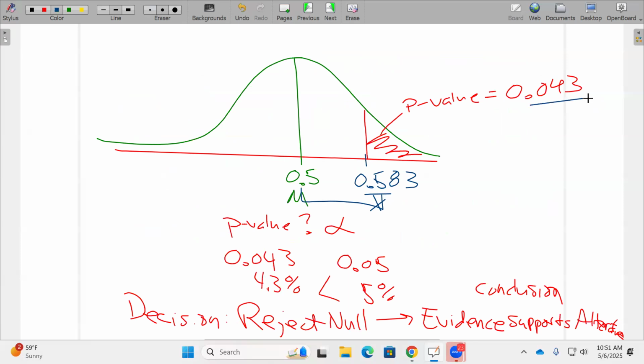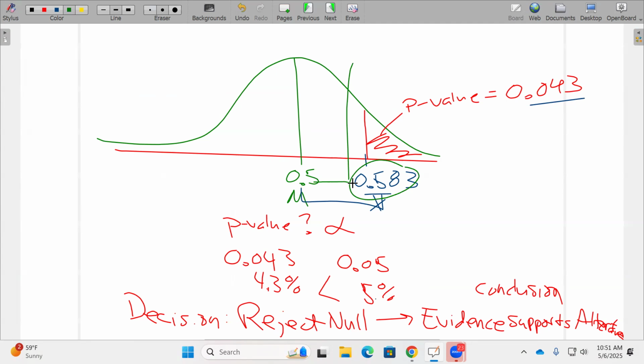About 4% of the time, given similar kinds of data, we'll find it will be more than that. And the other 96-ish% of the time, it'll be less than that. The 5% here is our cutoff to say, is the sample far enough away from what the null says? And in this case, it is far enough away.